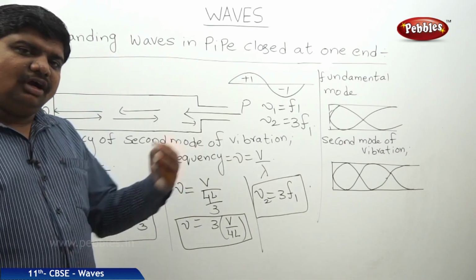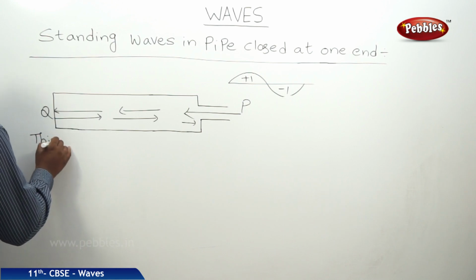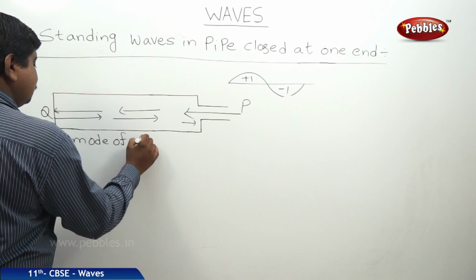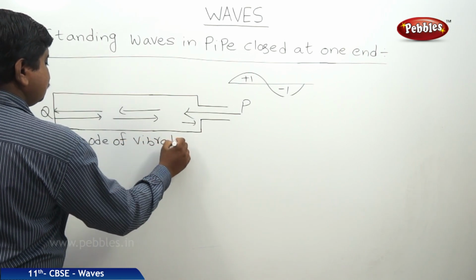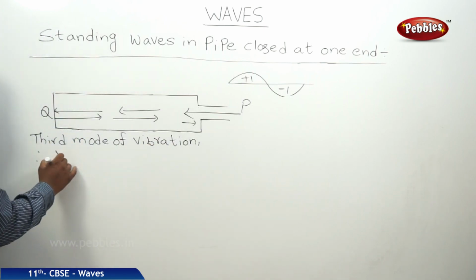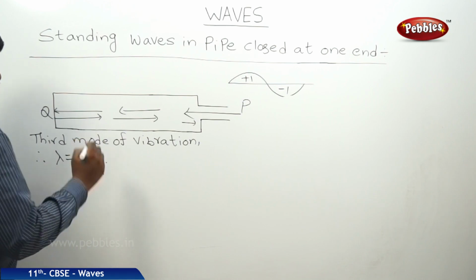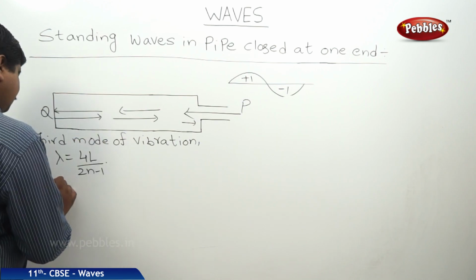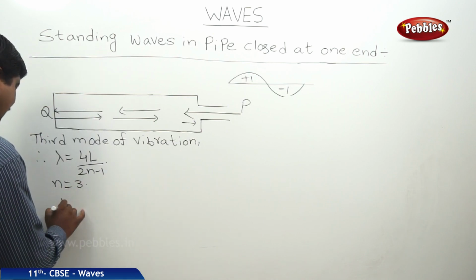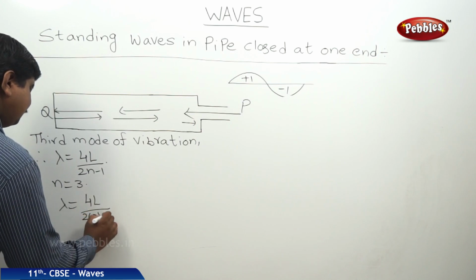Next we will see the third mode of vibration. Here the lambda is 4L by (2n minus 1). So third mode of vibration means n is equal to 3. Therefore lambda is equal to 4L by (2 into 3 minus 1).